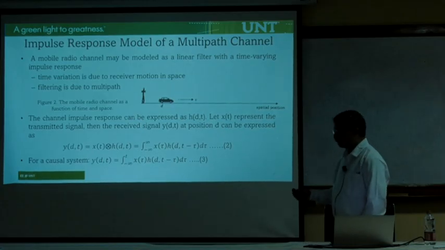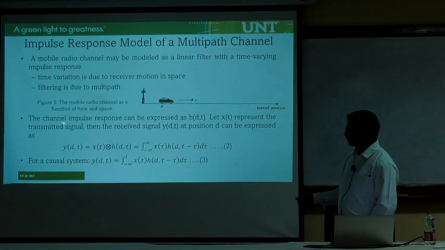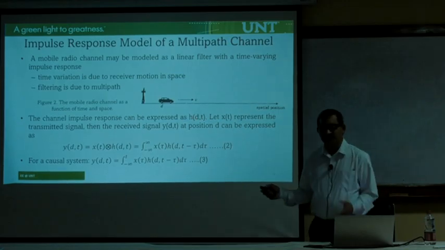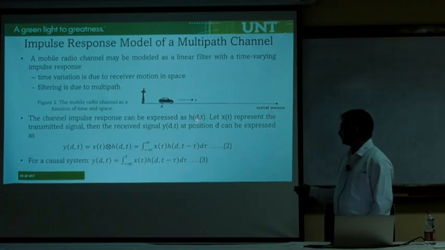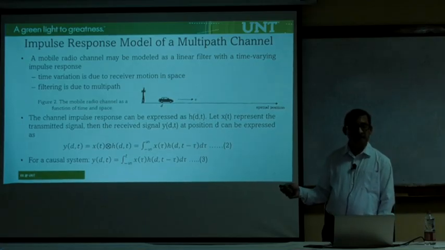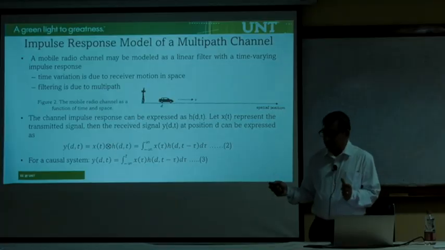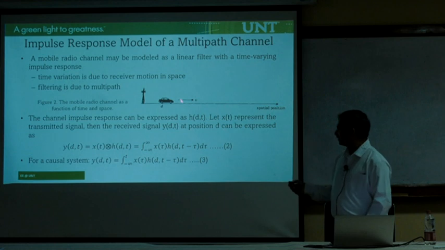H is our channel impulse response, and it is a function of distance and time. Obviously, distance and time are related, especially if the movement is constant. Suppose the car is moving at constant speed, then it gets simplified. But in general, it's a function of distance and time.